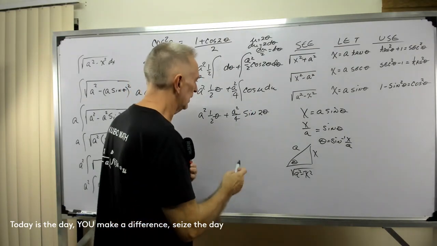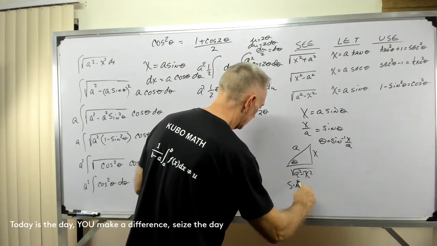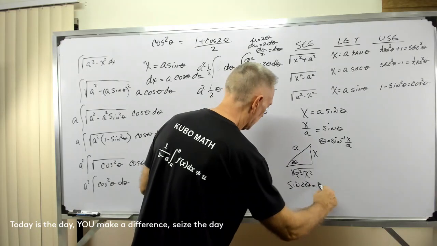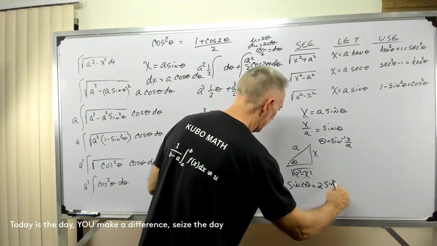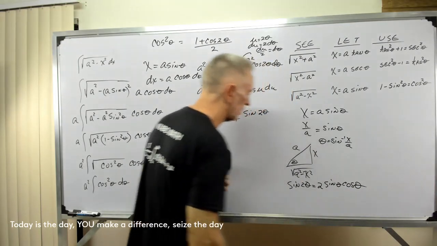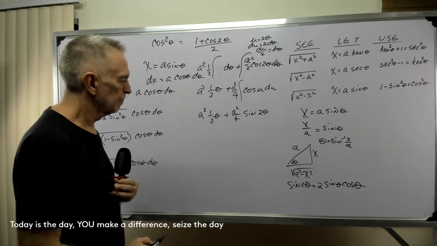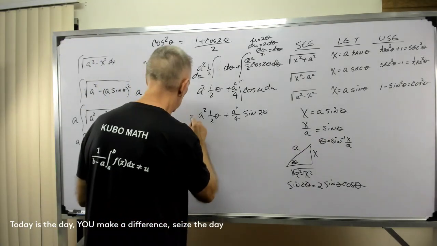I know sine of 2 theta equals 2 sine theta cosine theta. Understanding trig is critical. So what does that mean? Here we are.